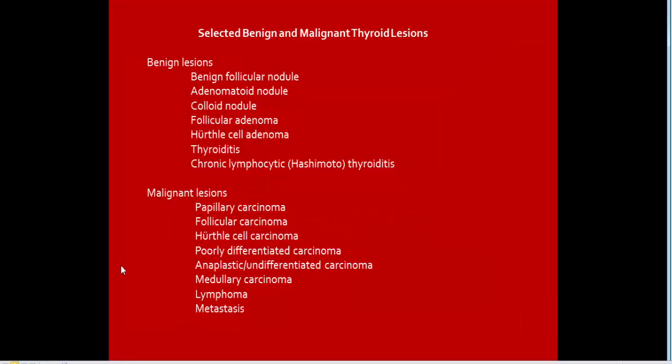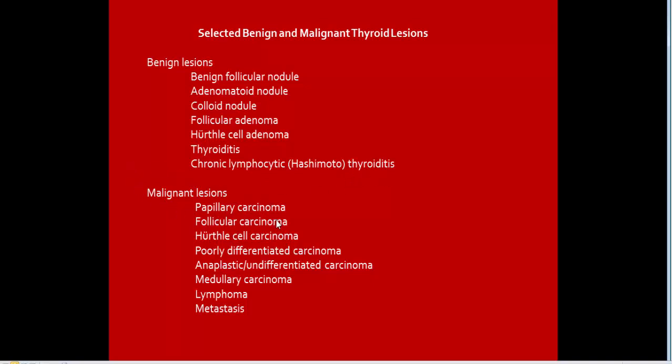We summarize benign and malignant thyroid nodule features. Benign nodule lesions include benign follicular nodule, adenomatous nodule, colloid nodule, follicular adenoma, Hurthle cell, thyroiditis, chronic lymphocytic thyroiditis, and Hashimoto's nodule.